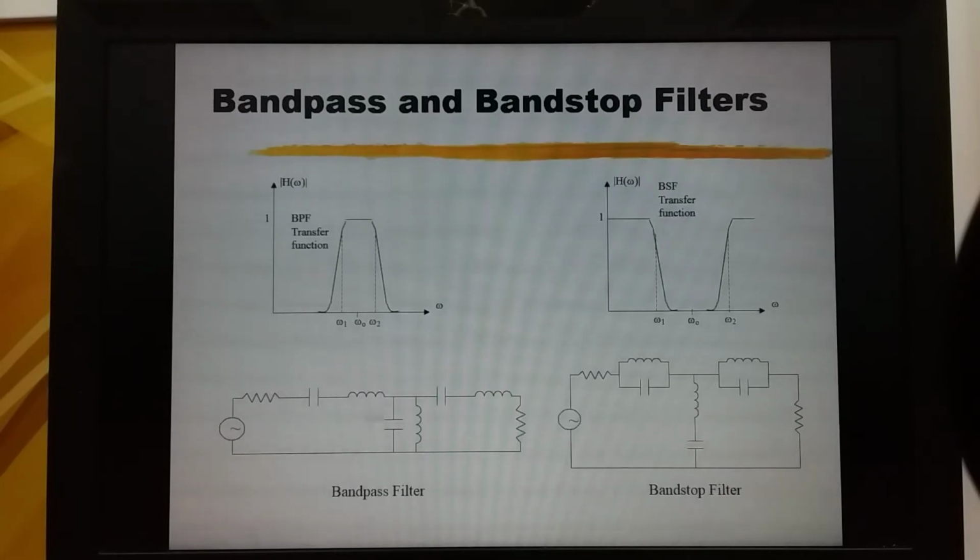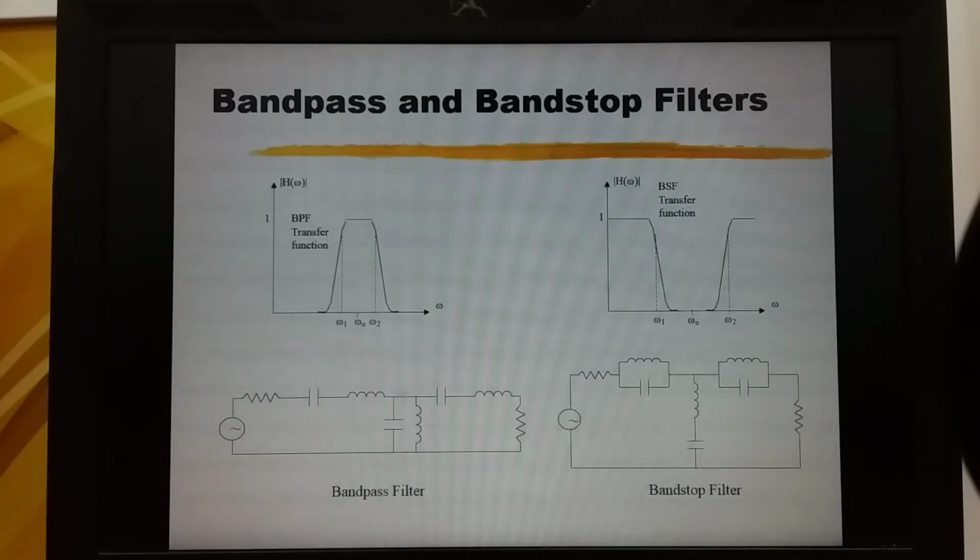The series resonator can of course be replaced by a transmission line structure, open circuited at both ends or short circuited at both ends. The same goes for the parallel resonator. It can be made using a transmission line, open circuited at the end or short circuited at the end.